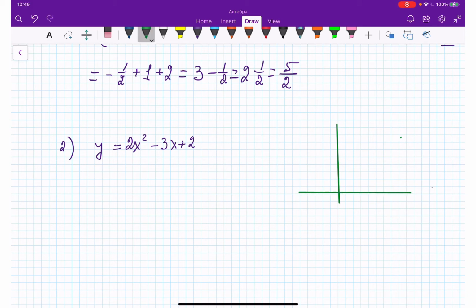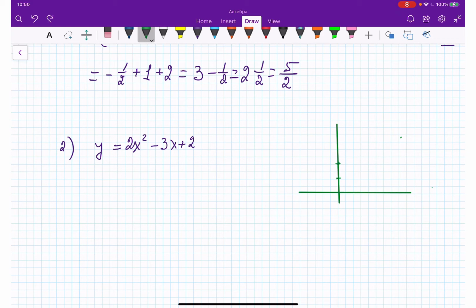All right, so let me mark down points. When x is 0, it's going to be 2. So if this is 1, this is going to be 2. It's going to go through this point. The vertex is going to be approximately a little bit less than 1.